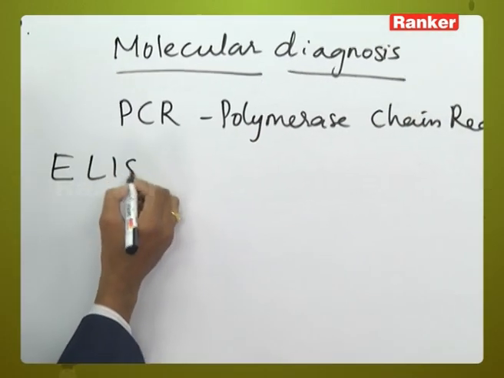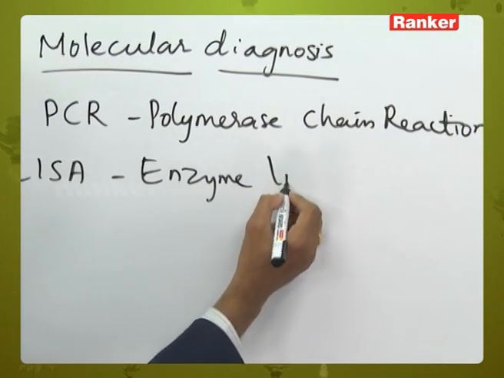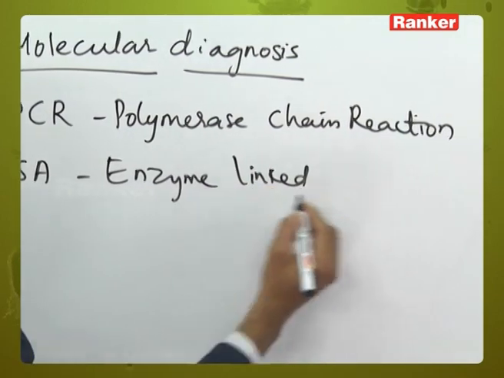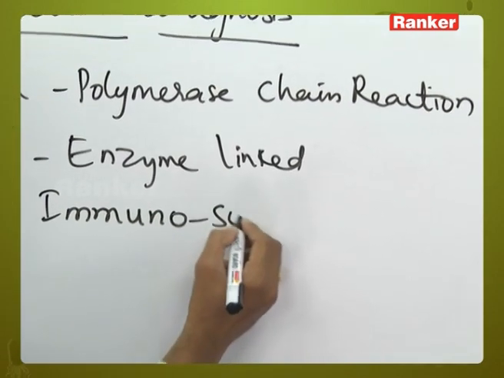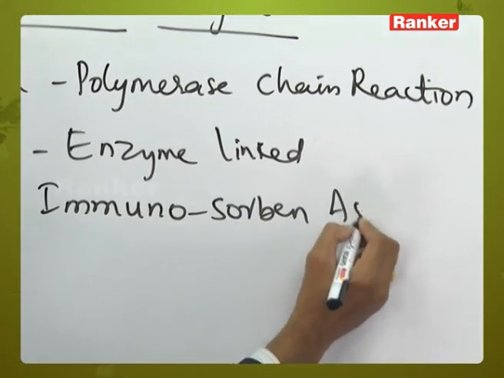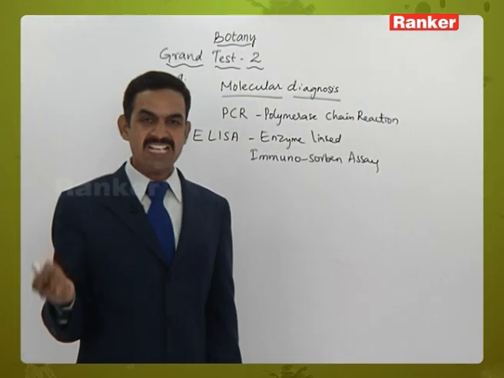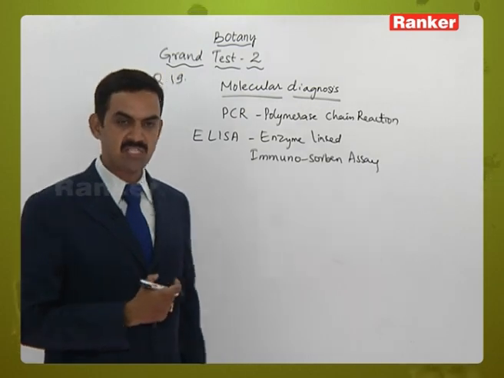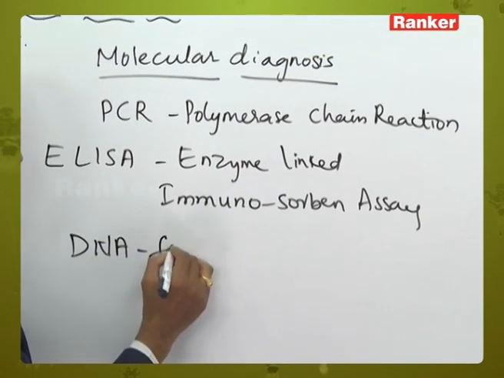The other one is ELISA, that is enzyme linked immunosorbent assay. So these are the two techniques which are used for early diagnosis in the molecular diagnosis process. And of course here one more option is given, that is DNA fingerprinting.